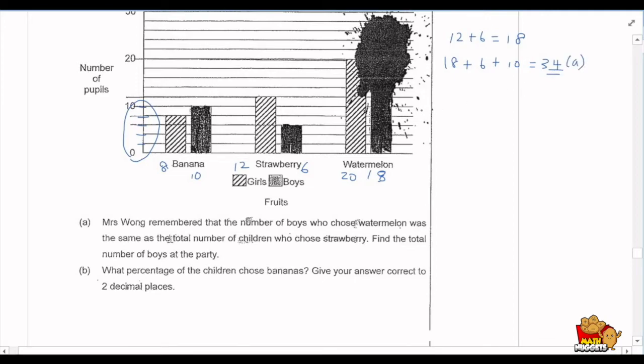And part B, percentage of children that chose bananas.